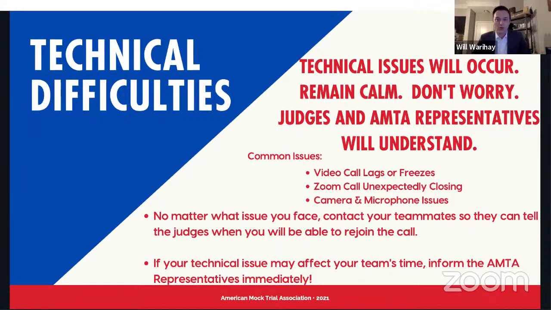This is especially important if something happens while you're a witness who's testifying, or you're an attorney who's either directing or cross-examining a witness. Make sure that you have a mechanism to communicate with your team through some sort of group message, or whatever you want to use, it doesn't really matter. Make sure you can let them know that you're working on getting reconnected to the meeting so that they can provide the judge an update.